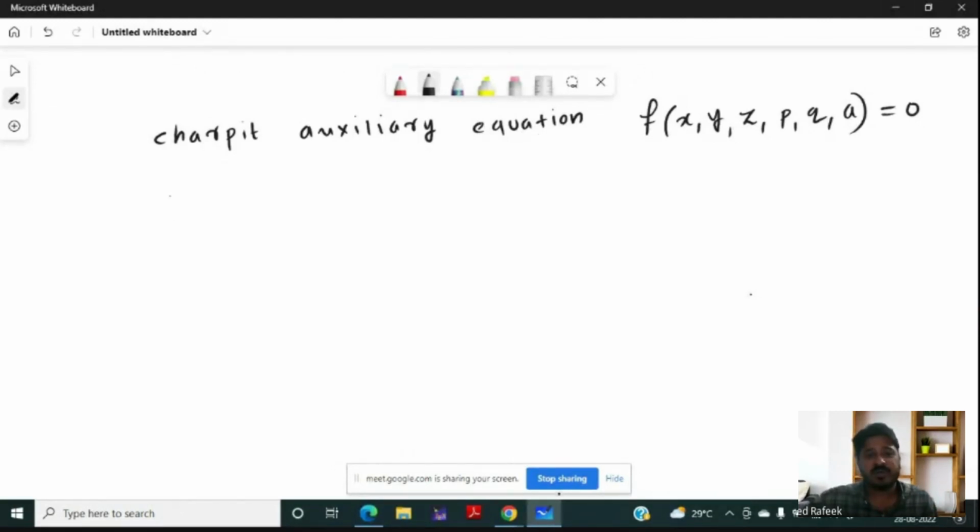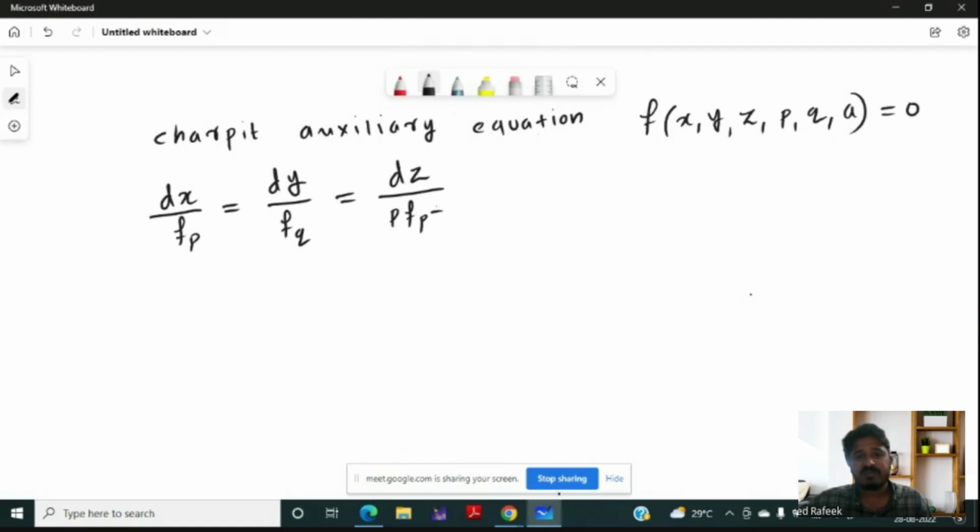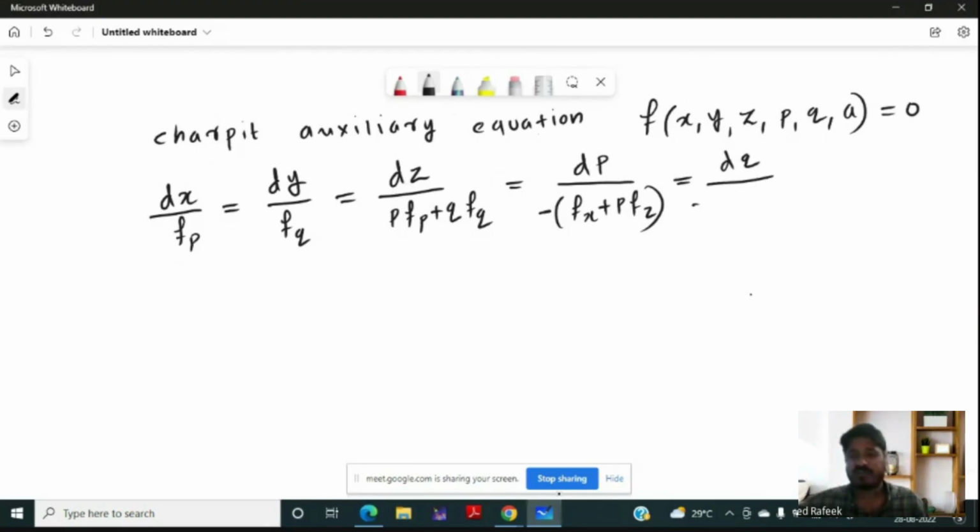Then the Charpit auxiliary equation is dx by fp, where fp is dou f by dou p, dy by fq, dz by pfp plus qfq, and dp by minus of fx plus pfz, and dq by minus of fy plus qfz. This is the Charpit auxiliary equation.